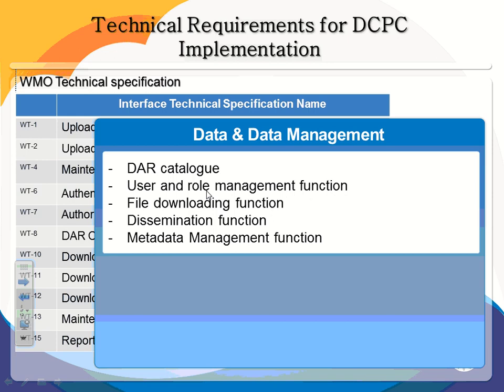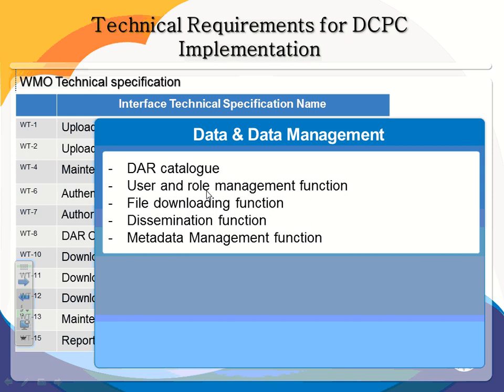So even though JISC can harvest metadata from DCPC, the ownership of the data is the role of DCPC. If DCPC doesn't permit the data distribution, nobody can get the data from DCPC. That is the main role of DCPC.